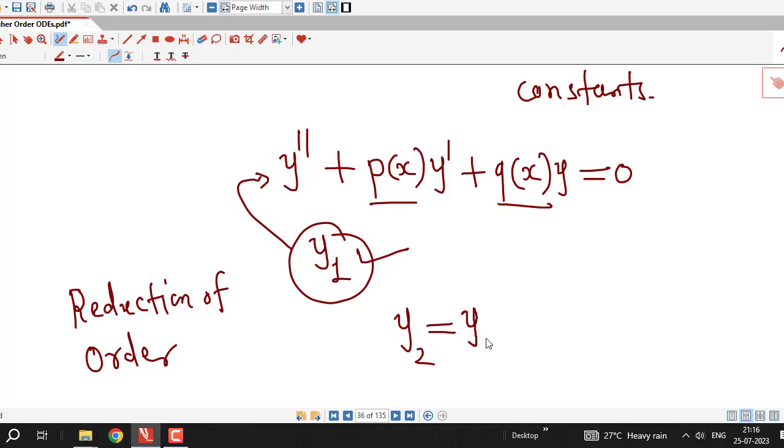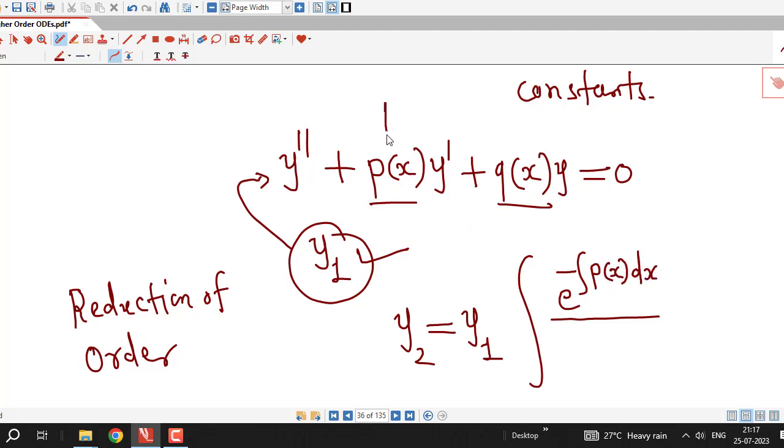So remember that formula of reduction of order: the second solution is given by the first solution times the integral of e to the power minus the integral of p(x) with respect to x.